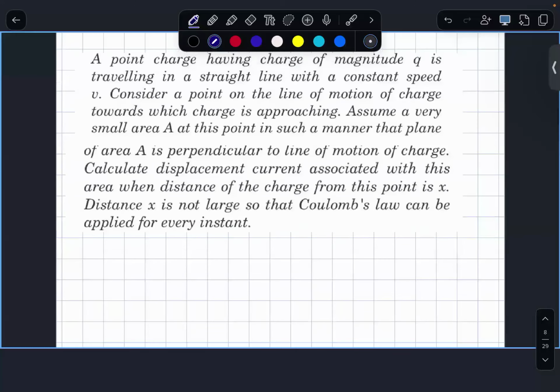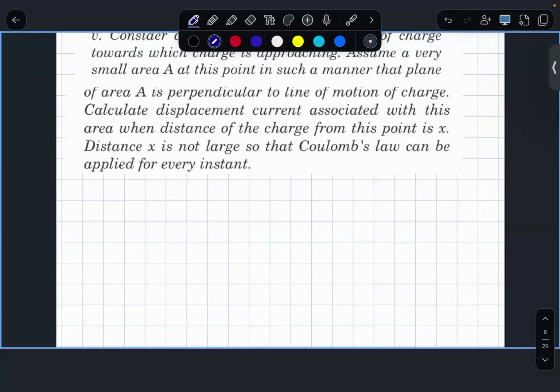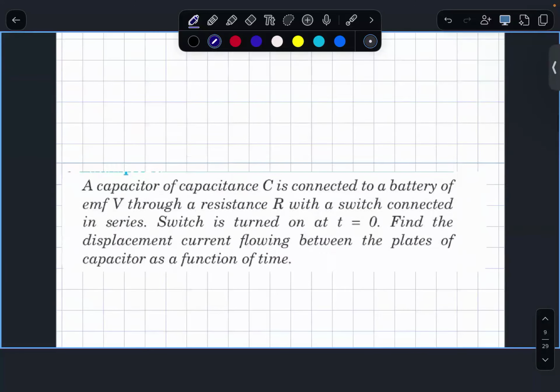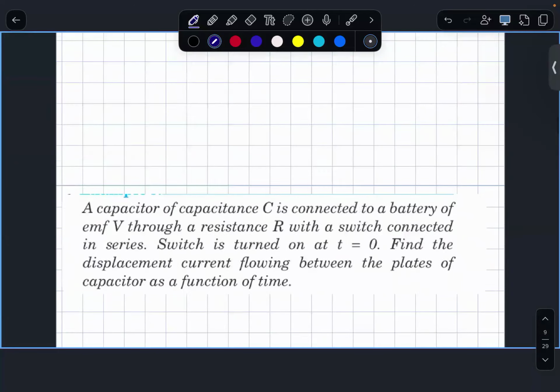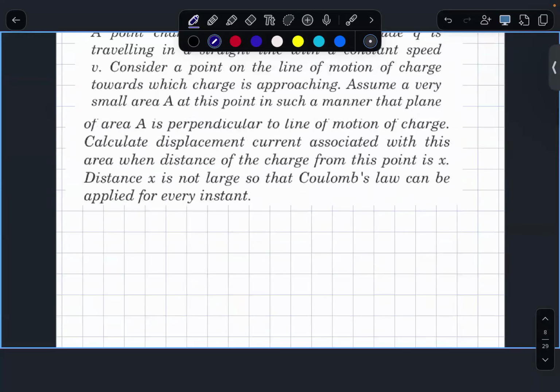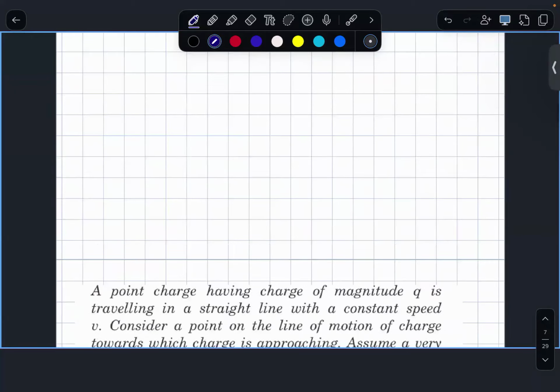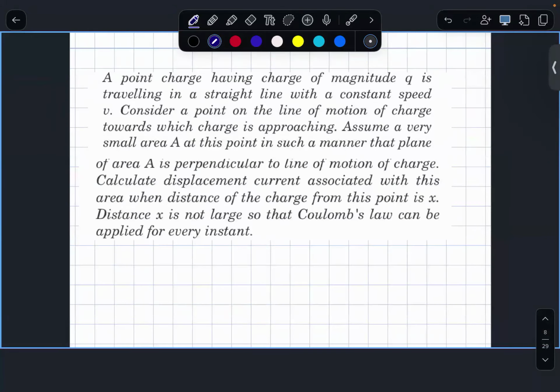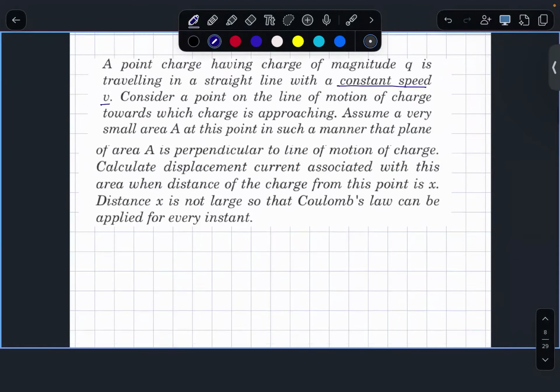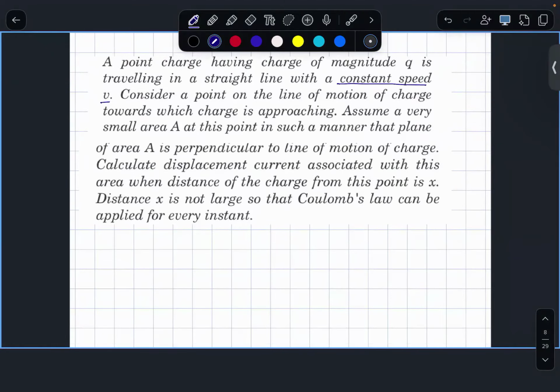Work on this. Point charge having charge of magnitude q is traveling in a straight line with a constant speed v. Consider a point on the line of motion of charge towards which charge is approaching.